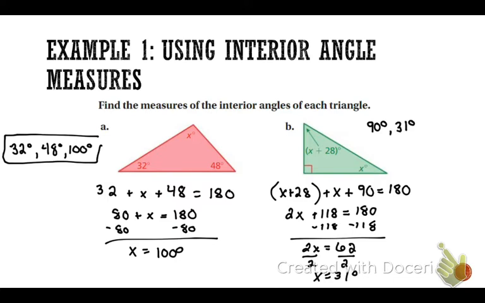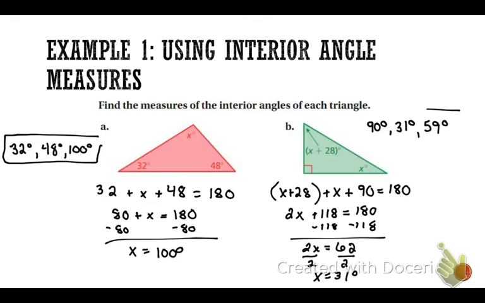But on the last one, what do you think I'm going to have to do to find that angle measure? When I plug in 31 for x here, I have to do that operation. So what's 31 plus 28? 59. You can use your calculators for this if you want.